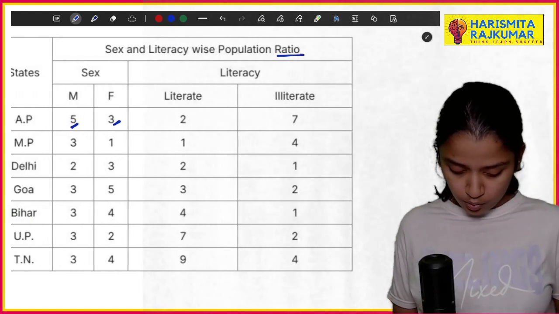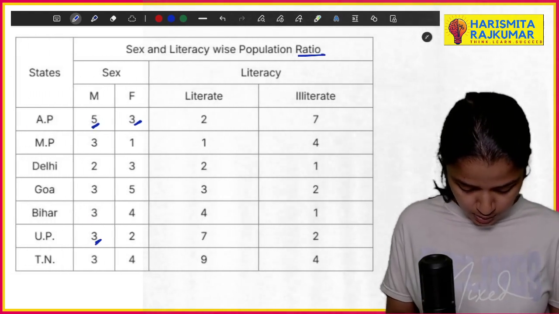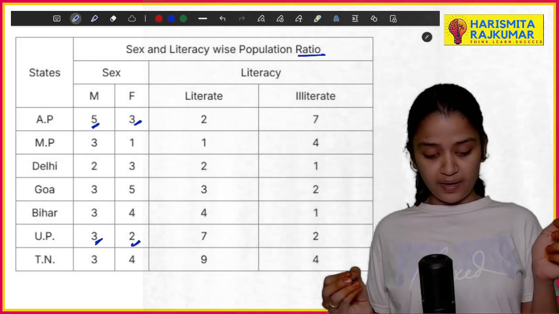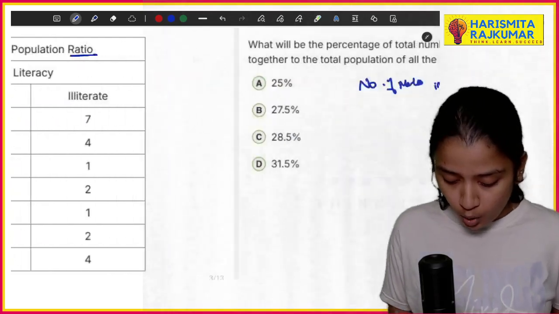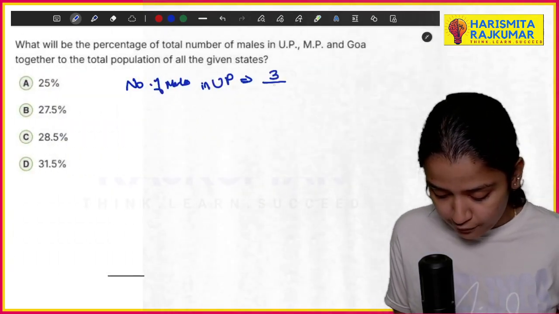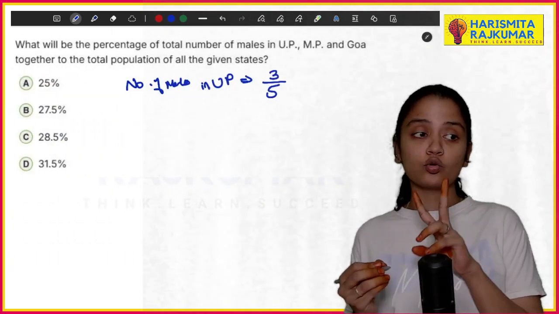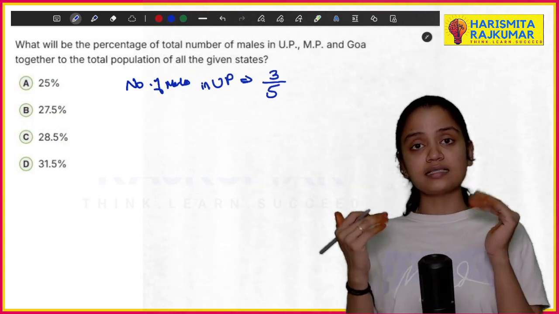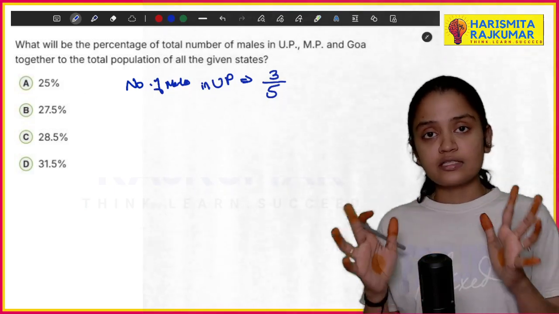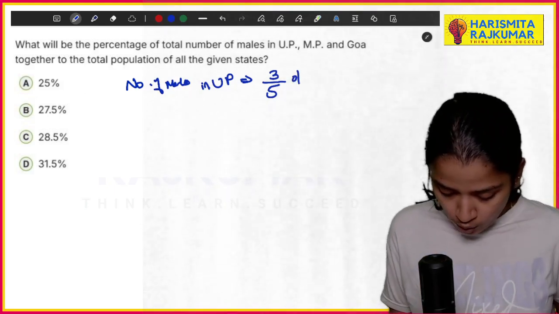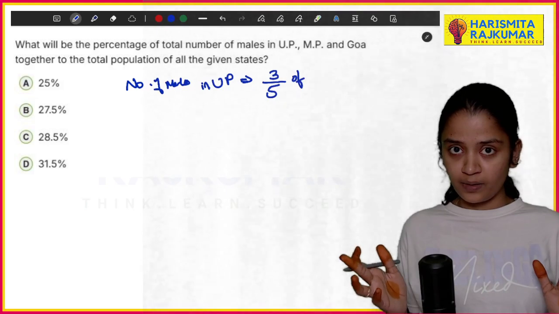So what can be done? It is 3 by 5, because 3 male and 2 female, in total 5.